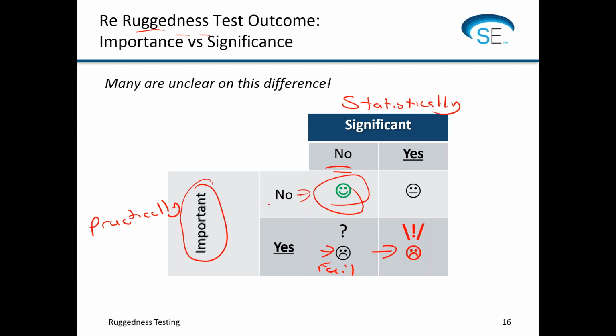If it's not important and it is significant, then a little less happiness involved, but probably you could say this is a pass, maybe kind of a provisional pass. Because if something is significantly affecting the response, you may want to dig into that and find out what it is, even though it's not that important. So think about that a little bit.